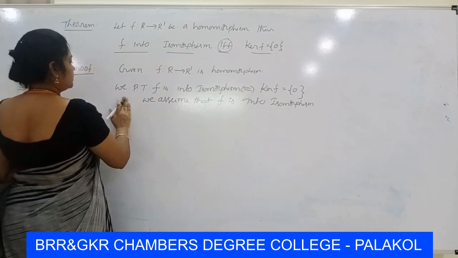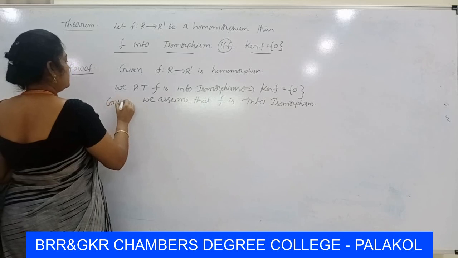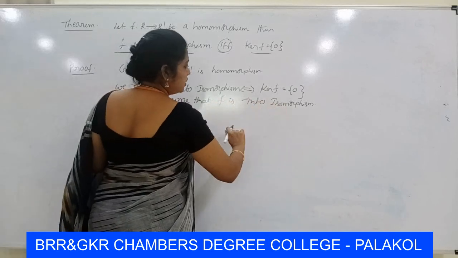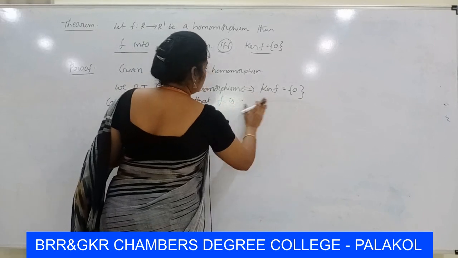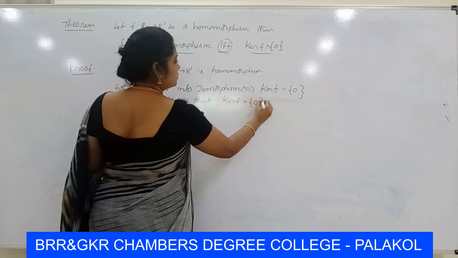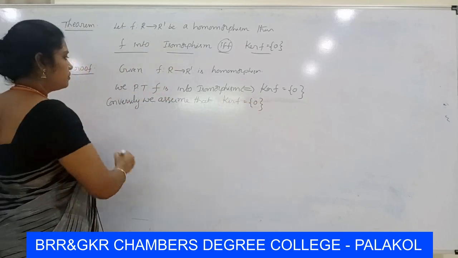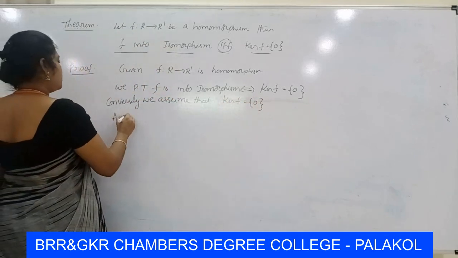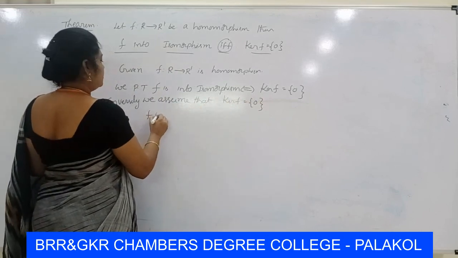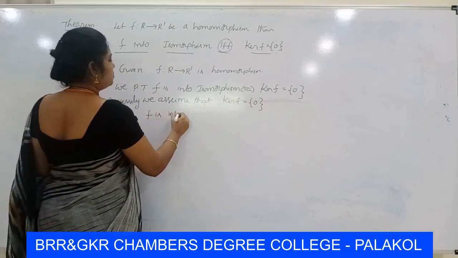Conversely, we assume that kernel f is equal to singleton 0. The aim of the second part is that f is an into isomorphism.